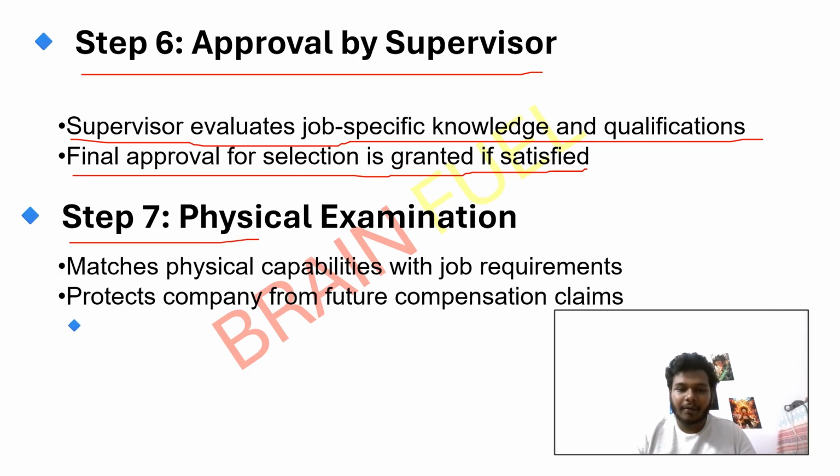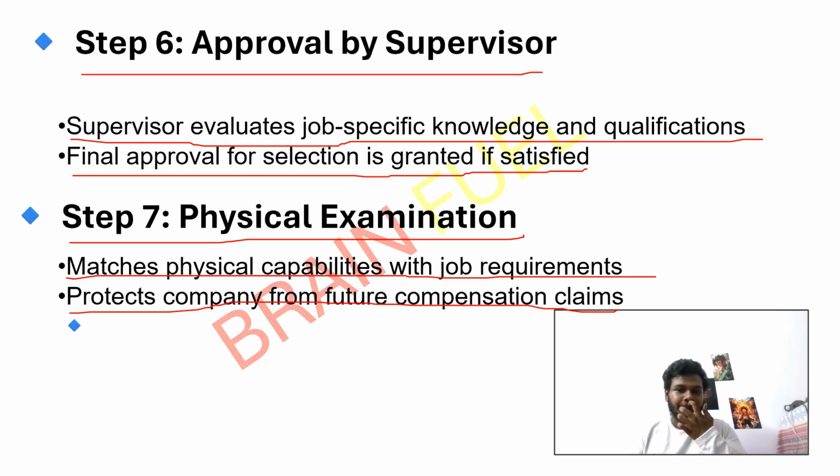Step 7. Physical examinations. Matches physical capabilities with job requirements, protects company from future compensation claims. So if we take an example of a timber cutting company, a candidate comes with only one leg.